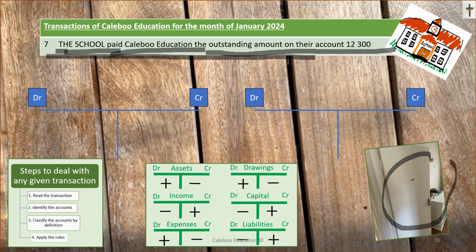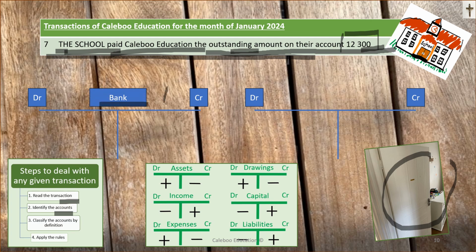Now they're paying the 12,300 that was outstanding. So we've read the transaction, identify the accounts involved. We are receiving 12,300. Where is that money going to be deposited?